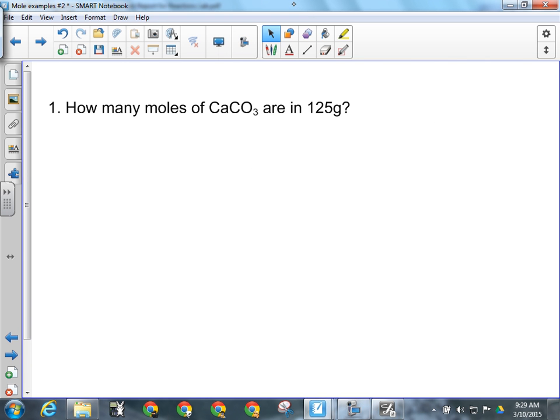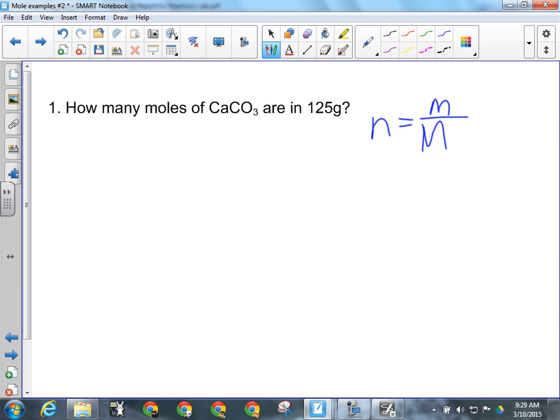Okay, so yesterday we went over the mole equation. We're going to review the mole equation here again real quick. Going to go over 4 more examples of how to solve mole equation problems. Then we're going to work some more on the mole equation. Okay? Now, in the mole equation, n stands for the number of moles.